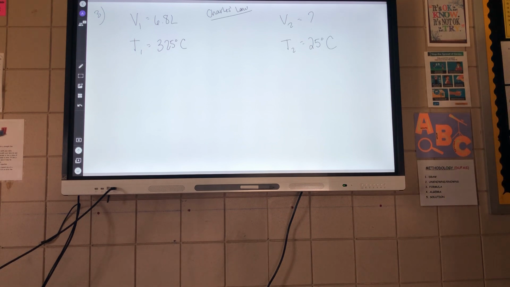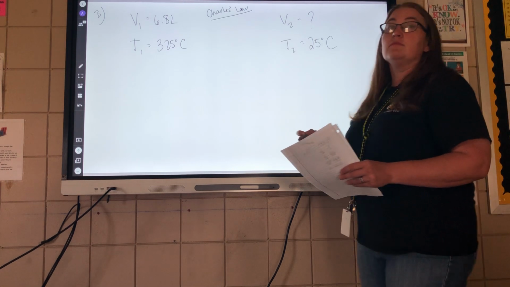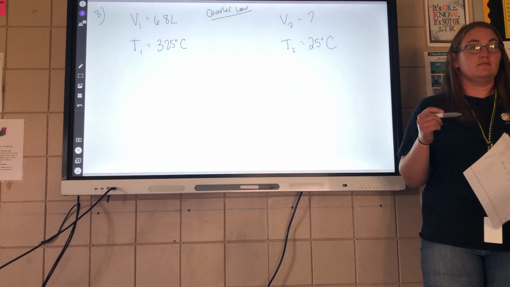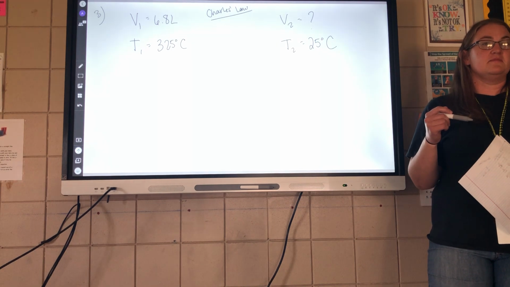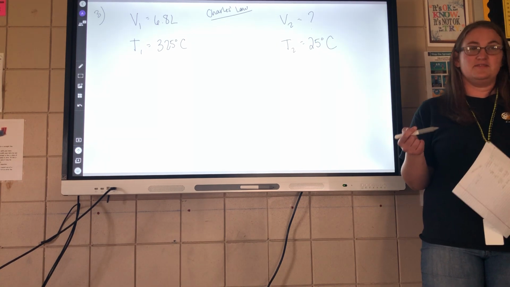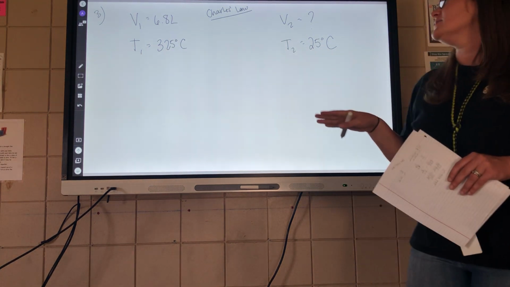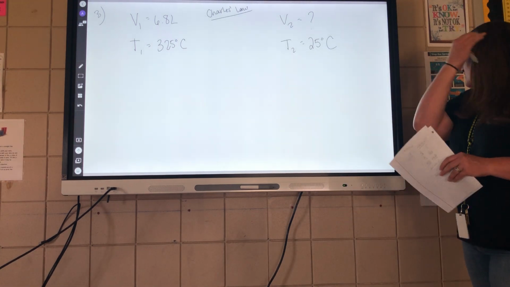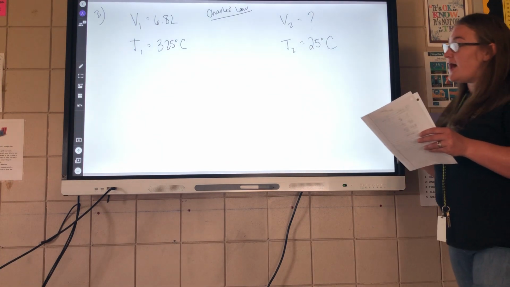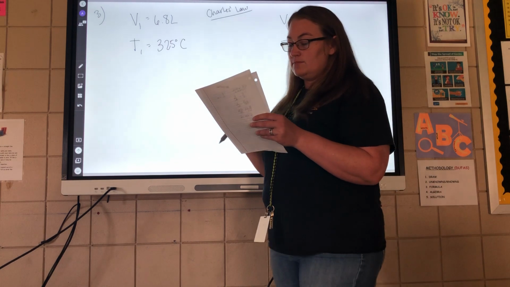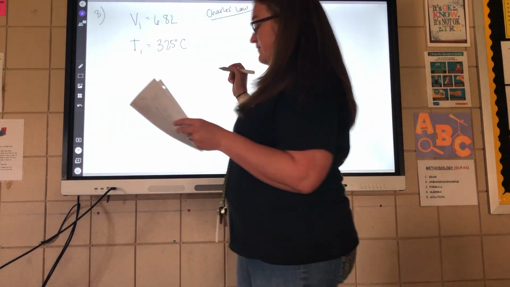So what is my first step here? Change the Celsius to Kelvin. I cannot leave it in Celsius. I've got to change from Celsius to Kelvin, so I've got to add 273.